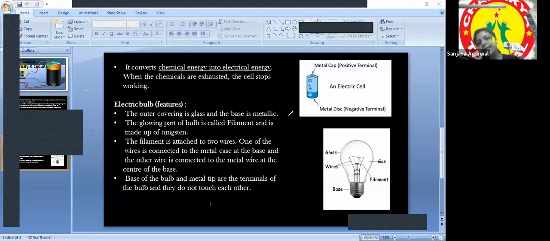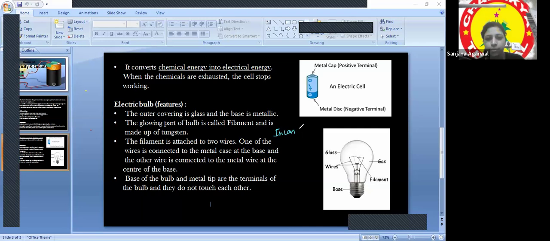Types of cell I'll be showing you in the next class. So let me tell you the advancements in the bulbs, beginning from the incandescent bulb, which was used in the very beginning. The types of bulbs are, first is the incandescent bulb.